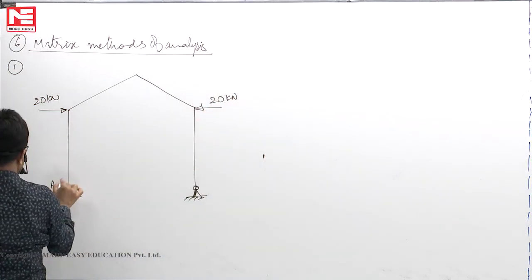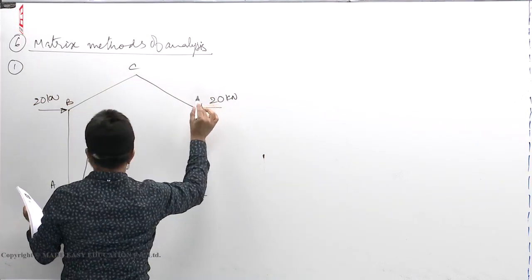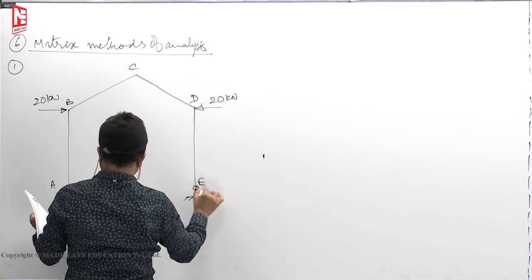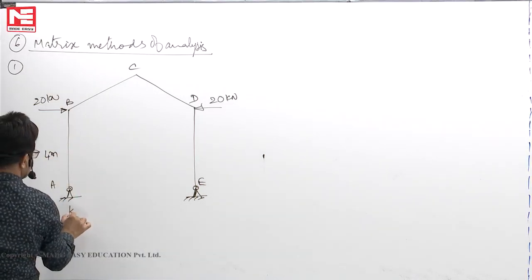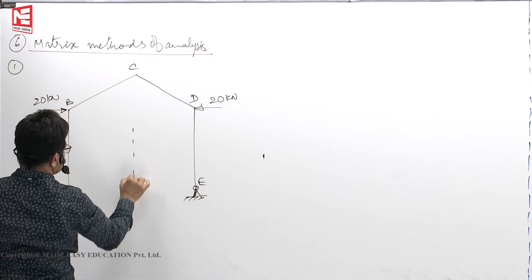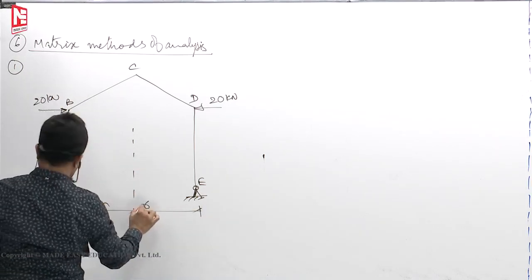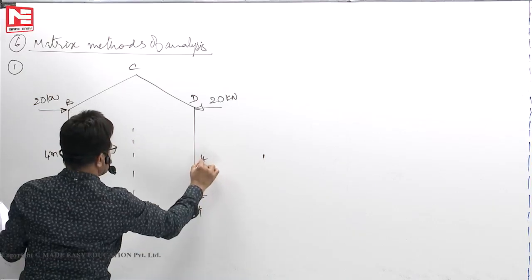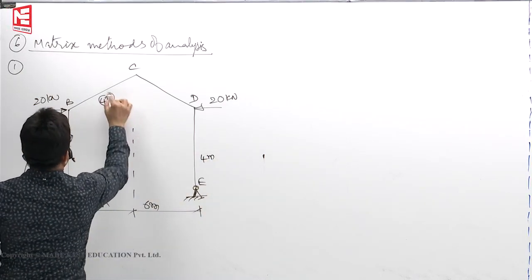Let us say A, B, C, D, E. The dimensions are 4 meters, 6 meters, 6 meters, 6 meters, 4 meters, with 4I, 4I.